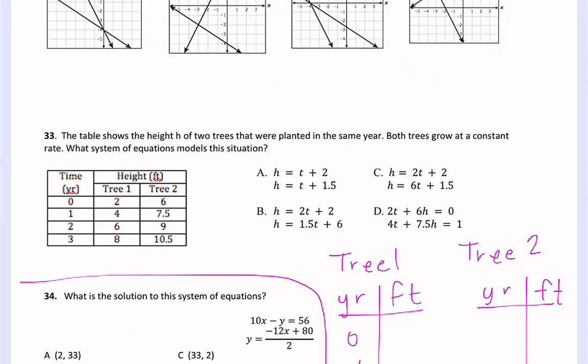And the height of tree 1 is 2, 4, 6, 8. For tree 2, the year is still 0, 1, 2, 3. But tree 2 has a height of 6, 7.5, 9, and 10.5.